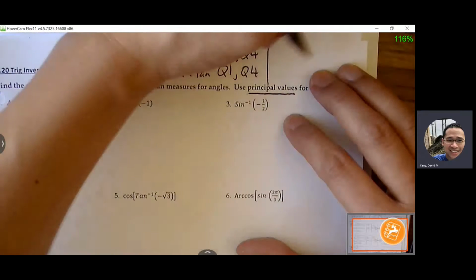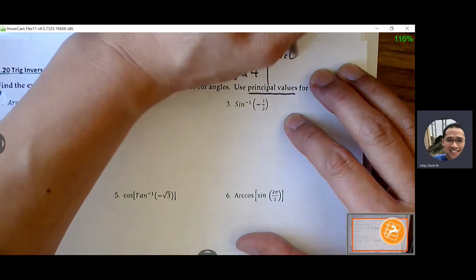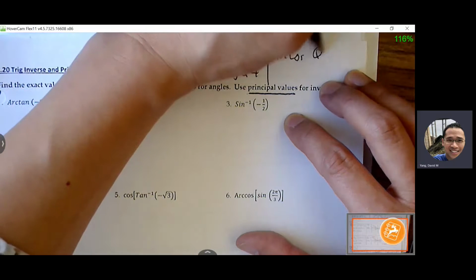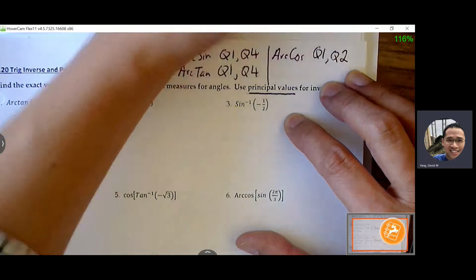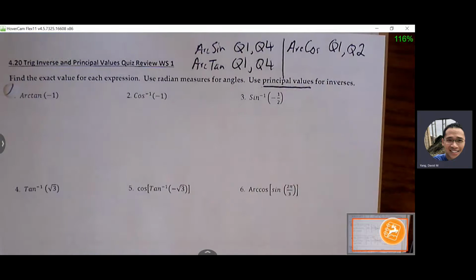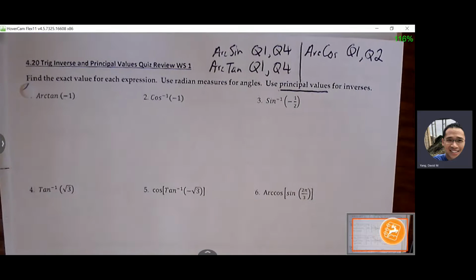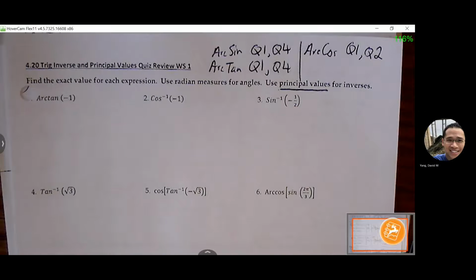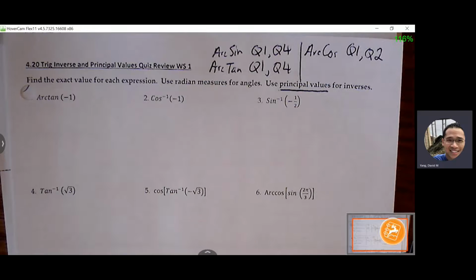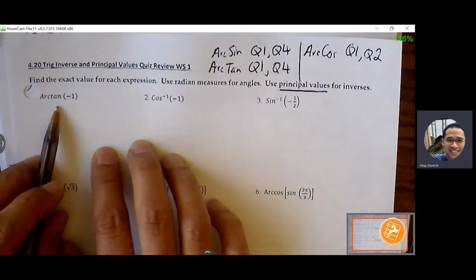It's arc cosine that's a little bit different. Arc cosine principal values is going to be quadrant 1 and quadrant 2. So let's start off with number 1.